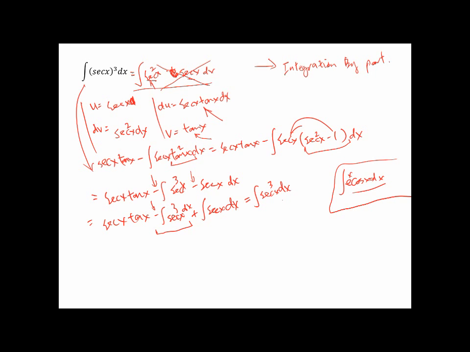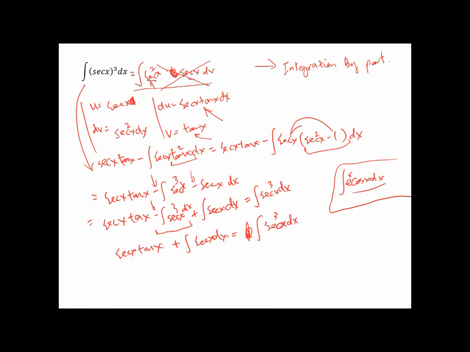So what I can do is move this part back to the right hand side, which is secant x tangent x plus the integral of secant x dx equals twice the question, secant cube dx.